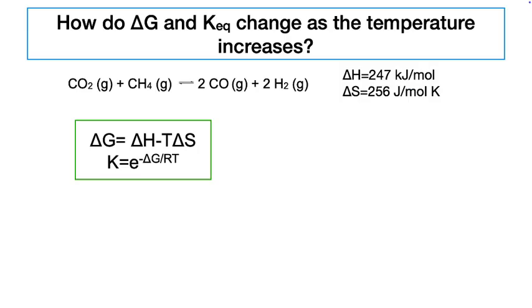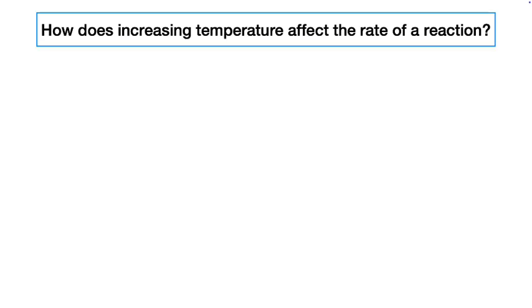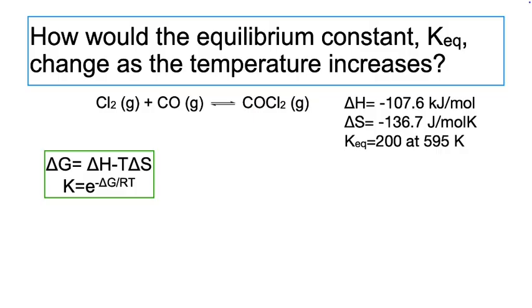So how do delta G and KEQ change as the temperature increases? Wait, didn't we just solve this? How would our equilibrium constant, well, this is just talking about the KEQ, change? Why are we looking at it again?